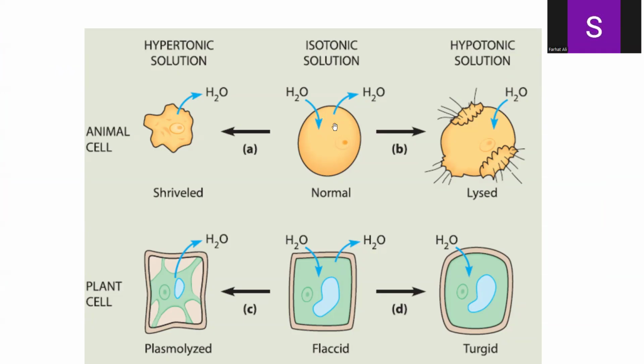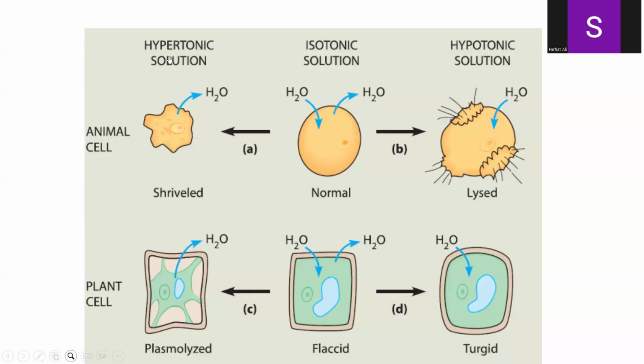If cells are present in an isotonic environment, since the concentration of free water on both sides of the membrane is the same, the movement of water into the cell and out of the cell will be at equivalent rates. The rates are comparable, so there won't be any net movement of water across the membrane.